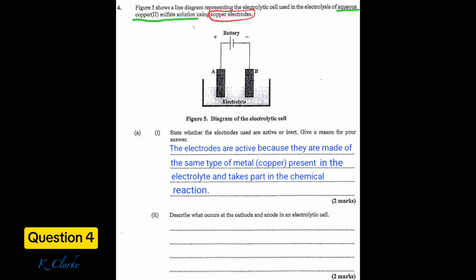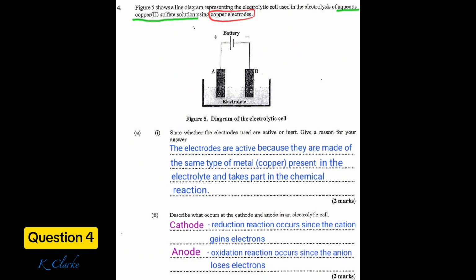Part 2. Describe what occurs at the cathode and anode in an electrolytic cell. At the cathode, reduction reaction occurs since the cation gains electrons. However, at the anode, oxidation reaction occurs since the anion loses electrons.